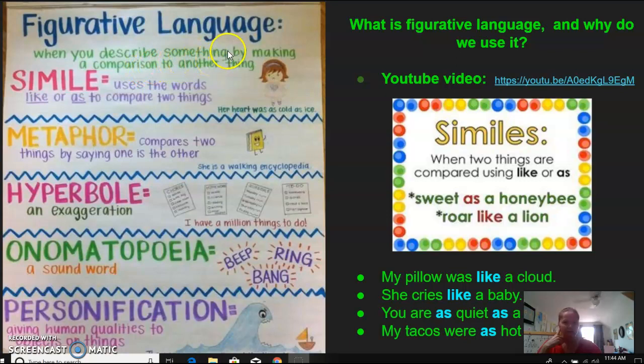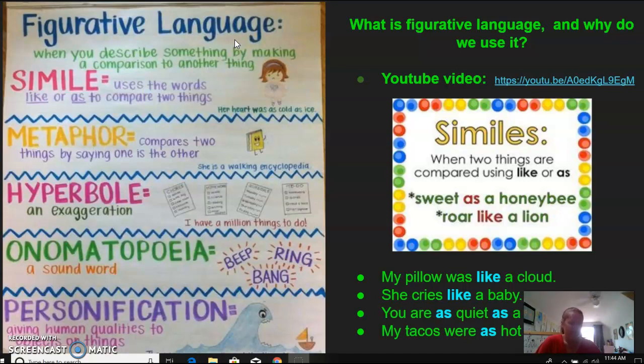Figurative language you hear usually in poetry, right? Sometimes we read poems and they may sound different or a little strange. It uses language that we don't hear on a daily basis. But even outside of poetry, we do say stuff.